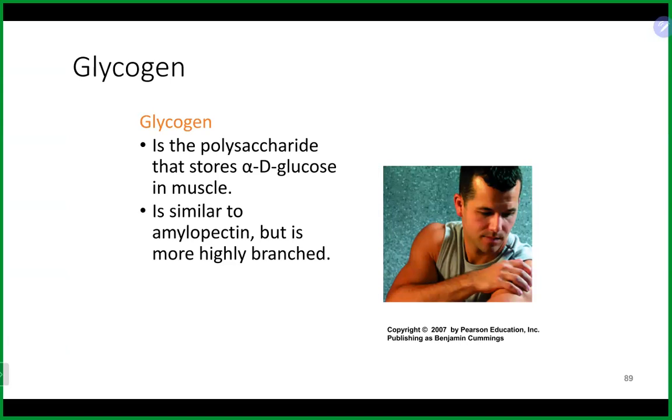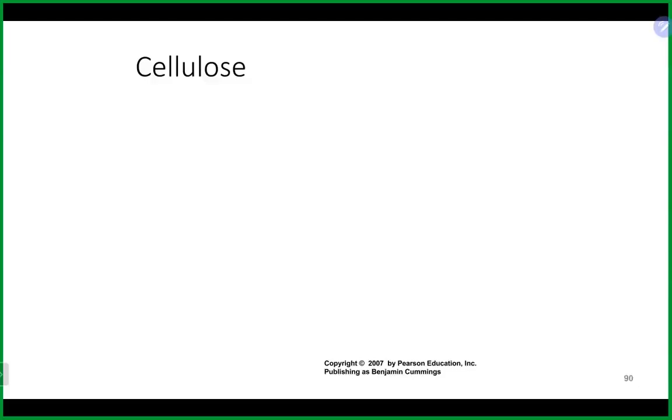So not just one every so often. It's very highly branched out, and it has basically the same sort of connections. So glycogen, very similar to amylopectin, but a lot more branching happening. And again, we basically store excess glucose in our muscles so that we can then break it back down and use it for energy when you need it as stored energy.